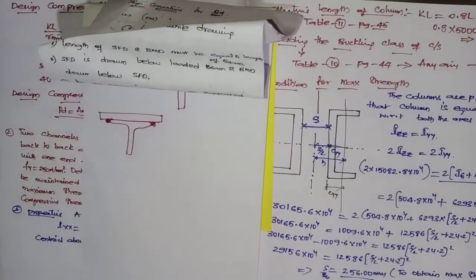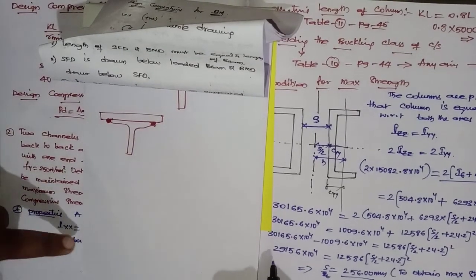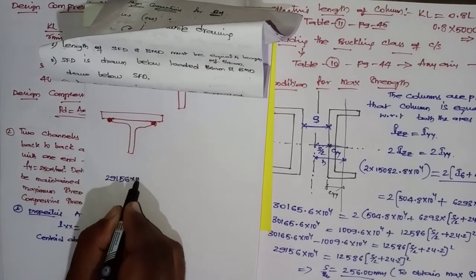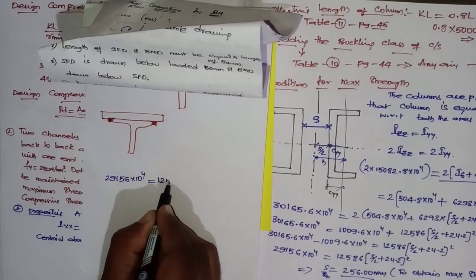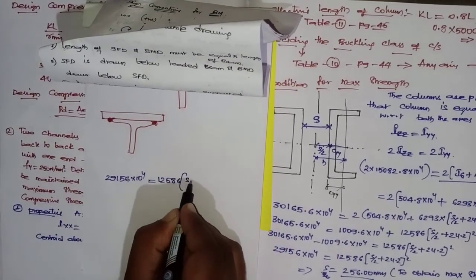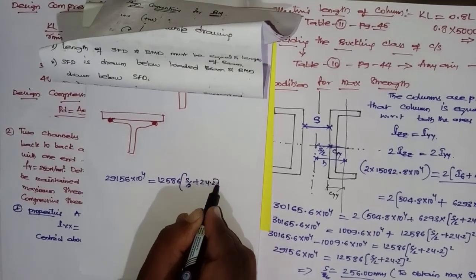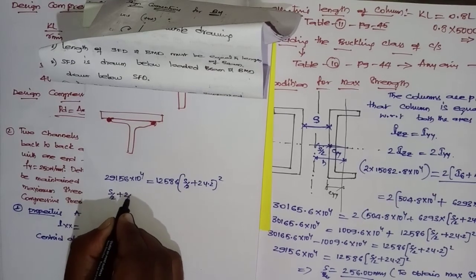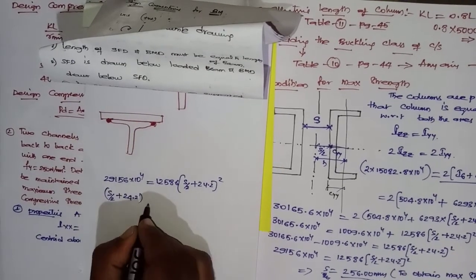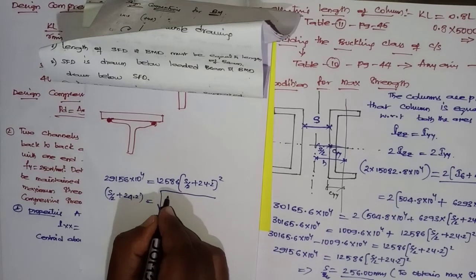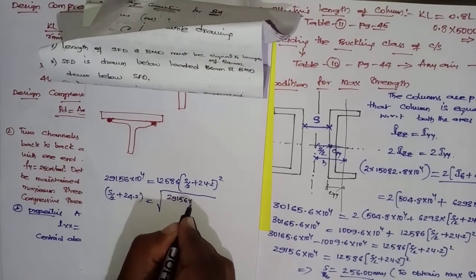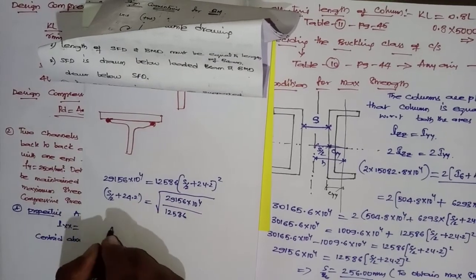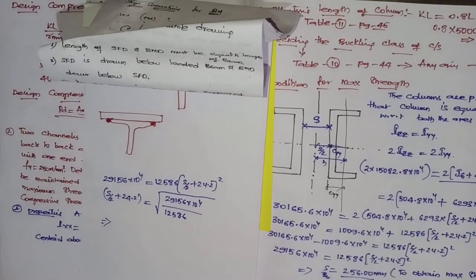Now see here, from this step I will show you. 29156 into 10 power 4 equals 12586 of (S by 2 plus 24.2) square. So S by 2 plus 24.2 equals under root of 29156 into 10 power 4 divided by 12586.